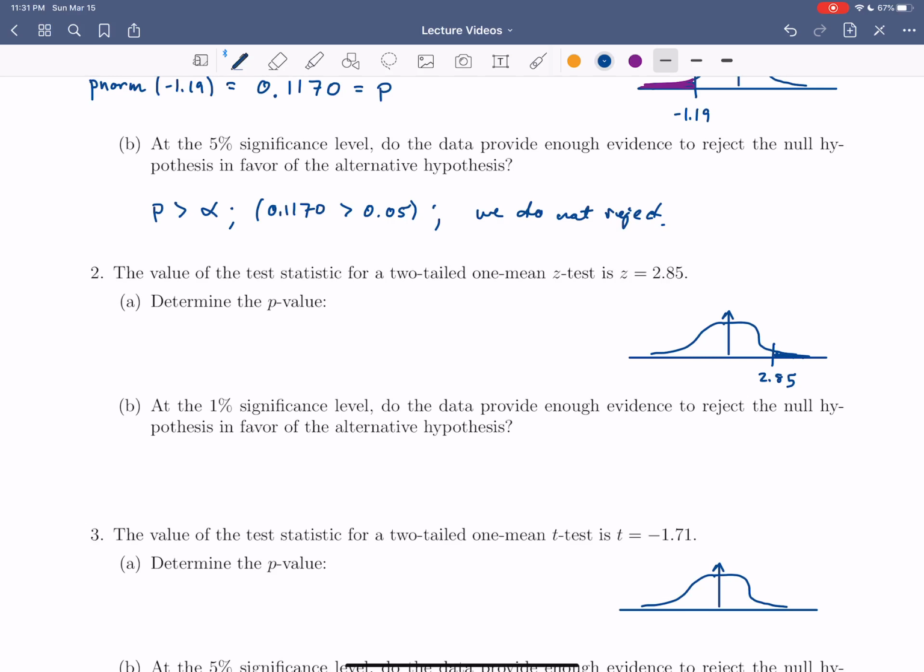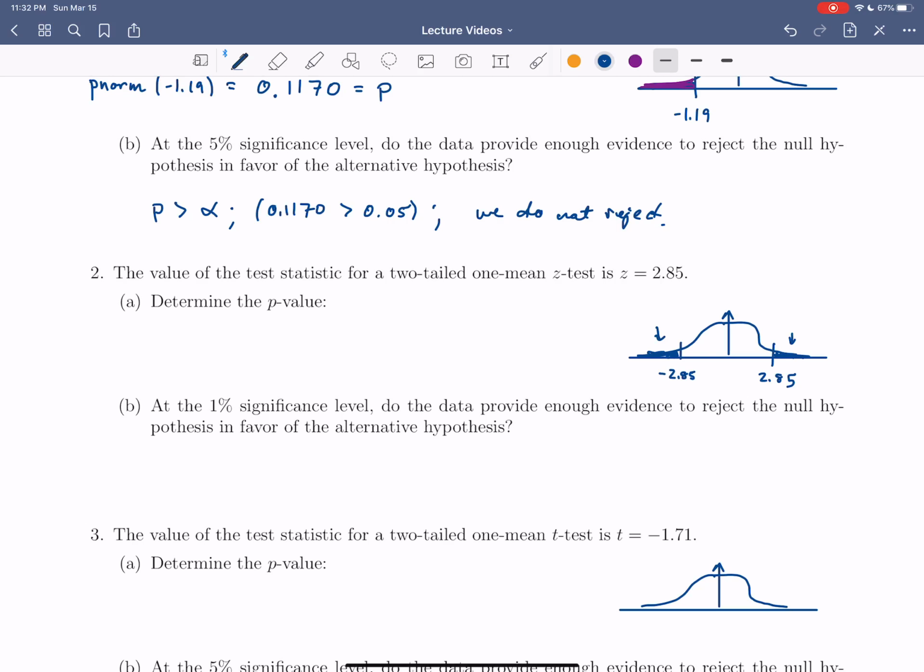And because it's a two-tailed test, we not only have to worry about the area to the right, we also have to worry about the area to the left. So we have to think about negative 2.85, and we add those two areas. If we sum the area of the left tail and the right tail, that sum is going to be our p-value. Okay, so that's how we get the p-value for a two-tailed one-mean z-test.